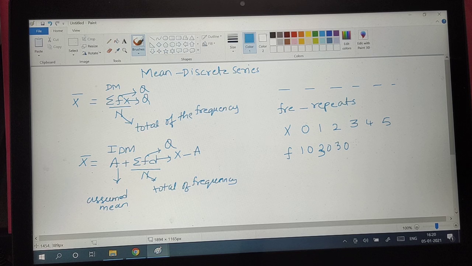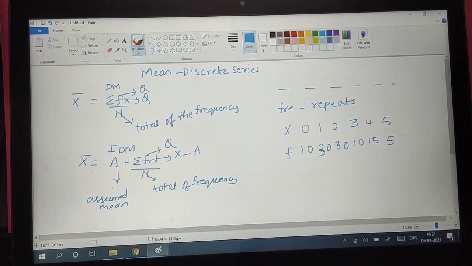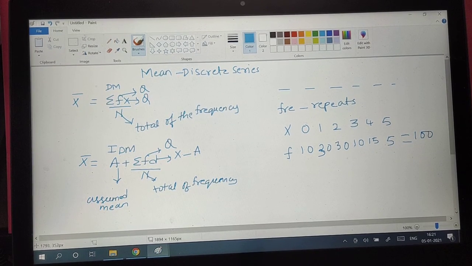Let's put the remaining as 10, 15 and 5. So my total of this will be 100. This 100 denotes that this data is related to 100 families, and this x is number of children in each family. So this is how a discrete series data will be given.